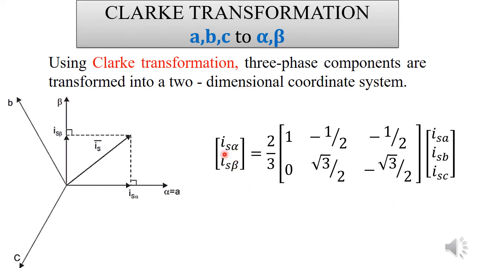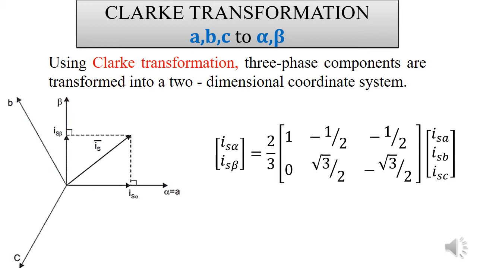So IS alpha and IS beta are obtained from the transformation of ISA, ISB and ISC, the system of three-phase currents. And this is the transformation matrix for Clarke transformation. Now, for the control system, we need an inverse transformation also.